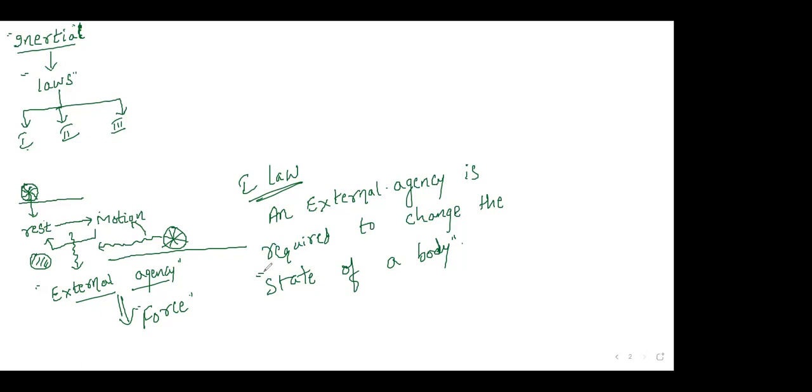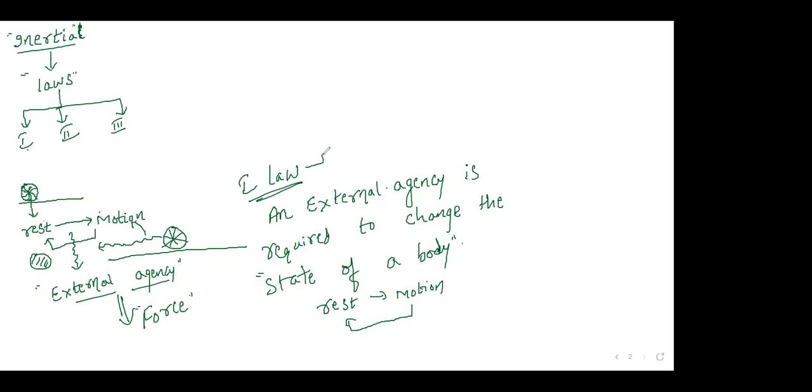That is what we call the force. State of the body means we can take it from rest to motion, or you can take it from motion to rest. In order to change this, you require an external agency. That is the statement of the first law.